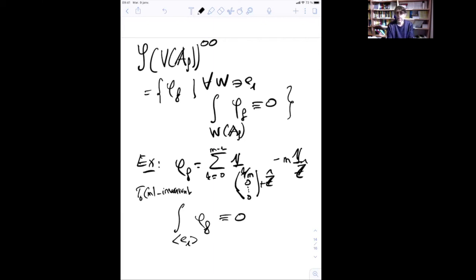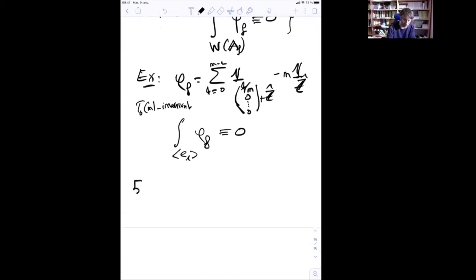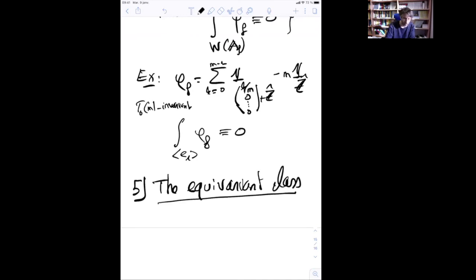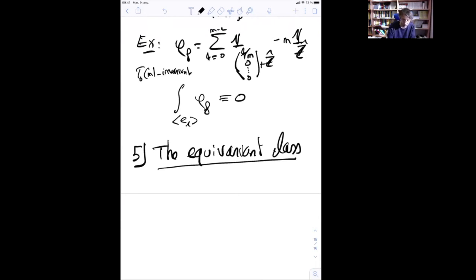And once we have that, we can do everything as we have done in the affine case, except that we work with the Eisenstein series instead of the form eta. And so this leads to the equivariant class and the cocycle. And as I said, we do exactly the same as in the last lecture, because now we have an equivariant map.